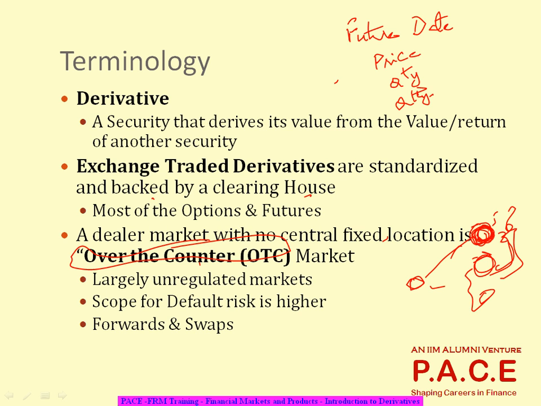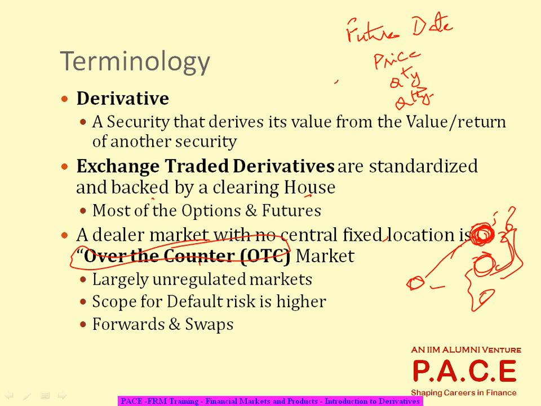So wherever the securities are traded on the exchange, we call them exchange traded, and a lot of trades just happen between 2 parties. Let's say bank 1 and bank 2 get into a swap agreement. So it's over the counter. There is no marketplace for this swap transaction. So those are all OTC kinds of trades, right?